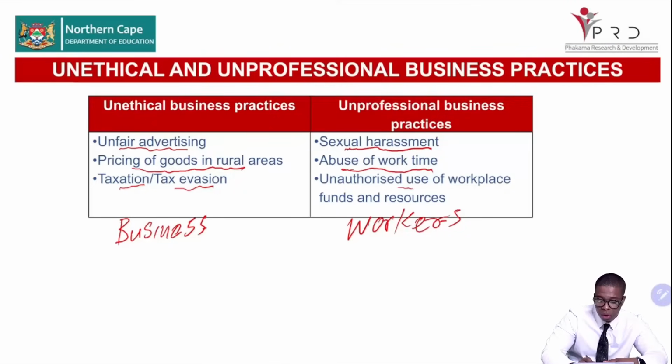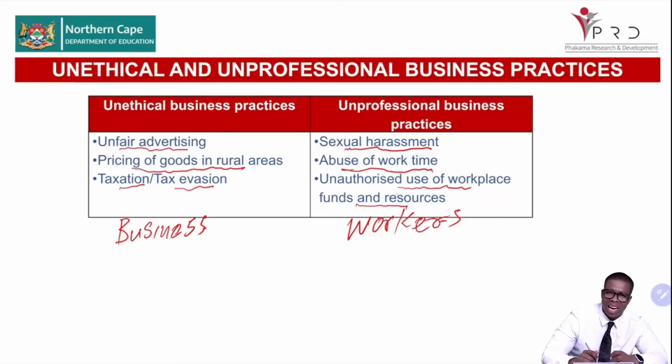Then, unauthorized use of workplace funds and resources. What does the word unauthorized mean? It means not allowed. So it is basically saying the use of funds and resources that you are not allowed to use. Hence, we say it is unauthorized.